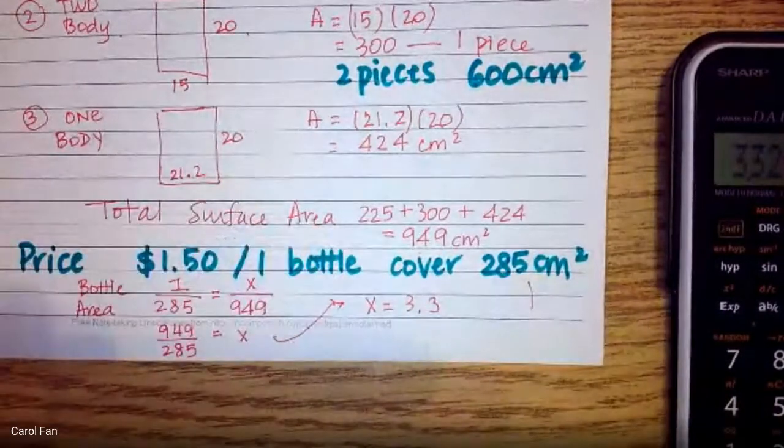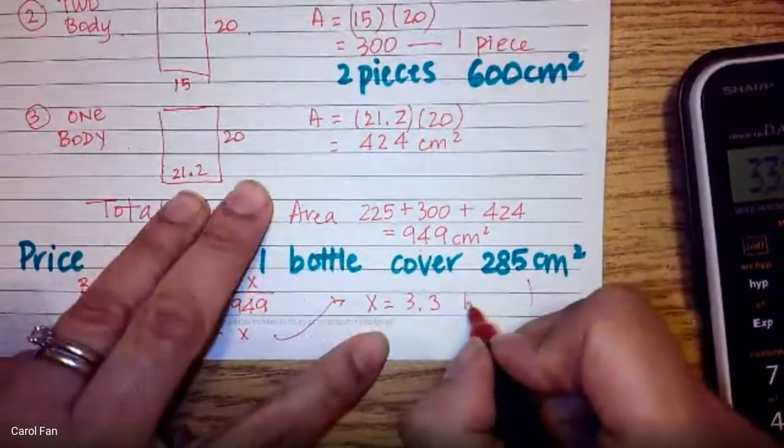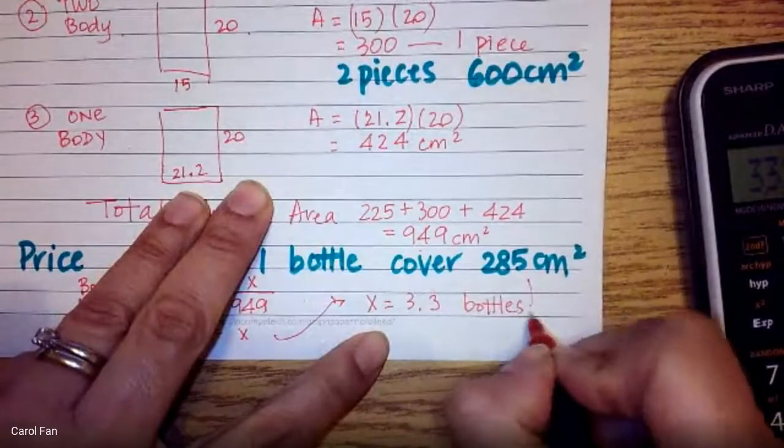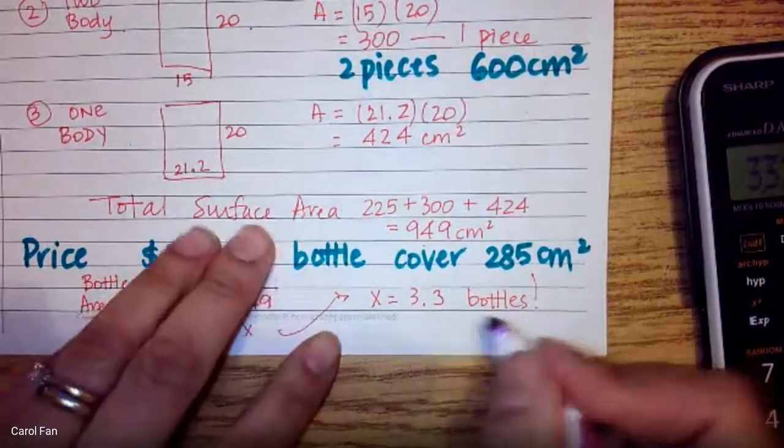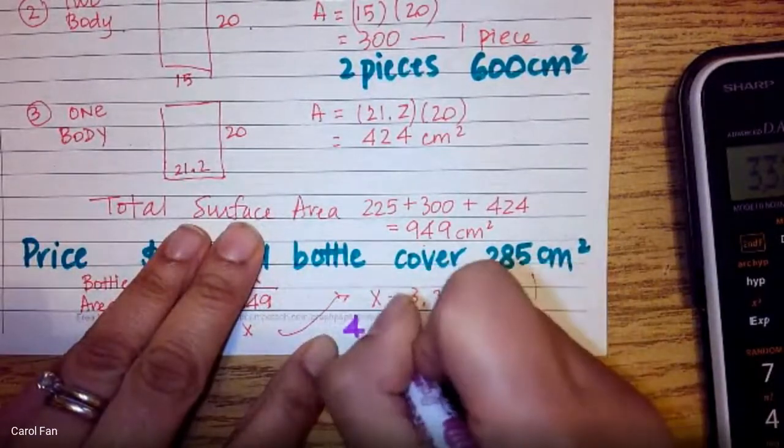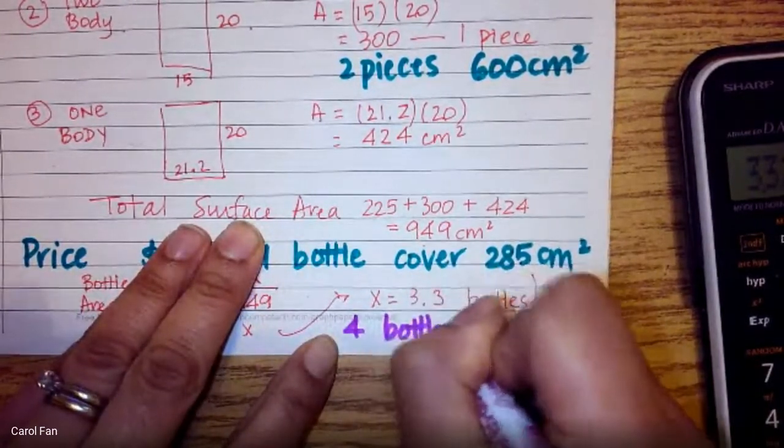Now, we can't purchase 3.3 bottles of paint, so we're going to have to round it up to the next closest number. So we need 4 bottles of paint.